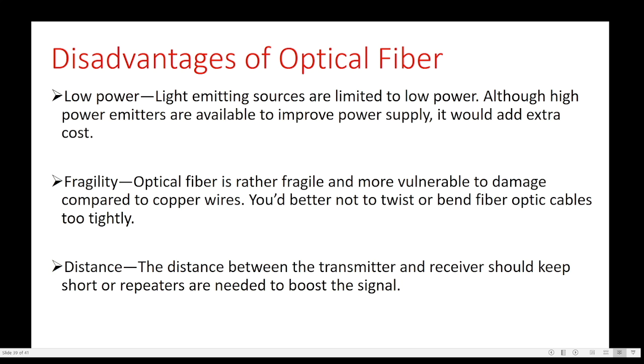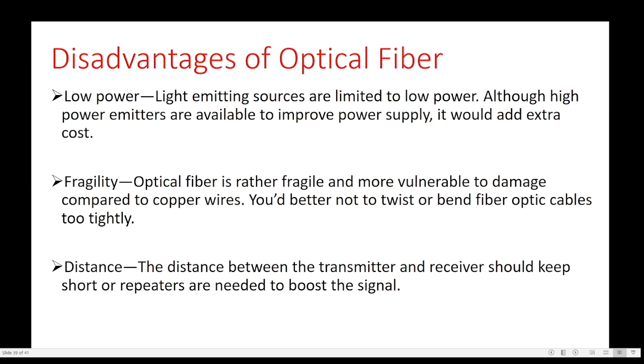But there are some disadvantages of optical fiber. First, low power. Light emitting diode sources are limited to low power. Although high power emitters are available to improve power supply, it would add extra cost. Distances.